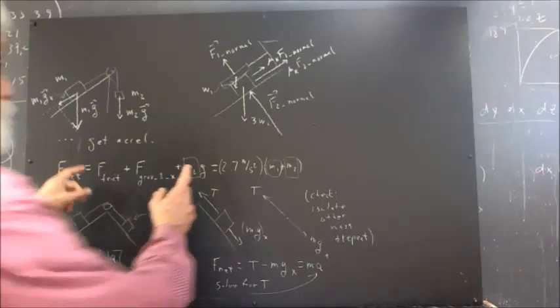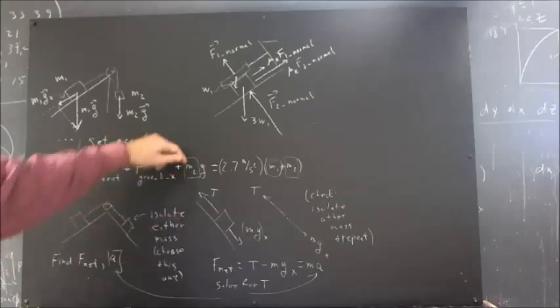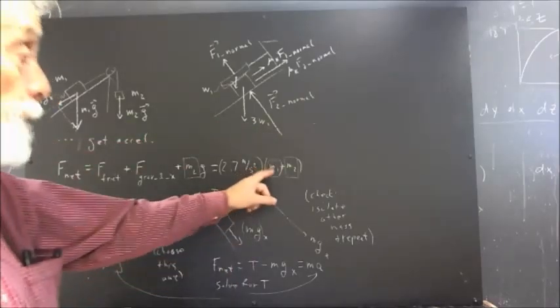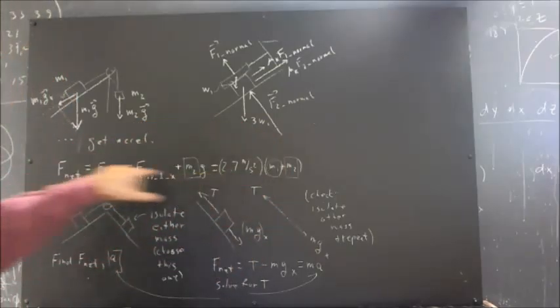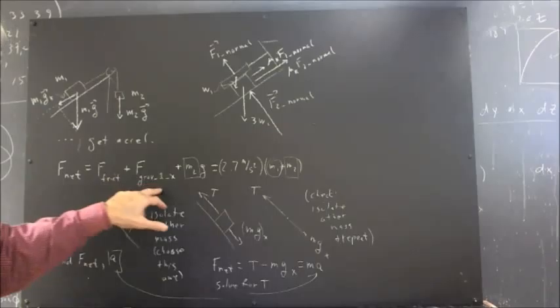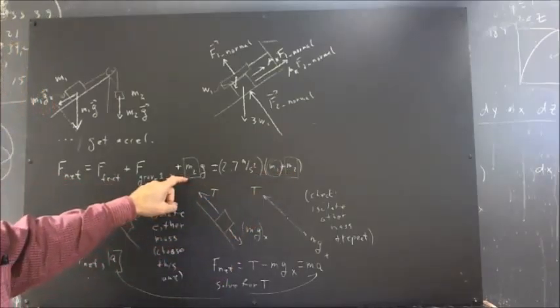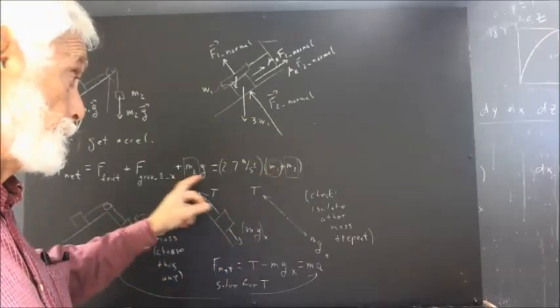So you set this expression for the net force equal to this expression for the net force. We see that M2 is the unknown quantity in this case. We were given the mass M1, so we have to find M2. Once we get the expressions for these forces, we're going to have M2 here, we're going to have M2 here, and we're going to be able to put it all together and solve for M2.